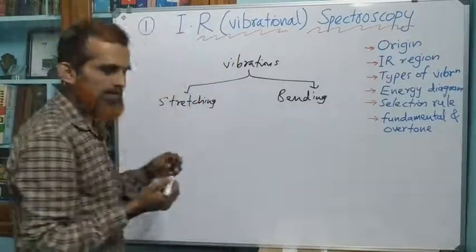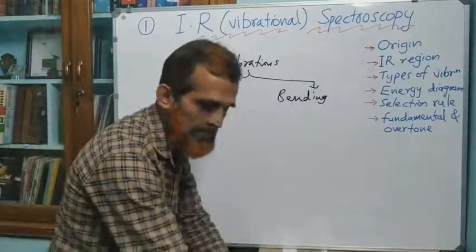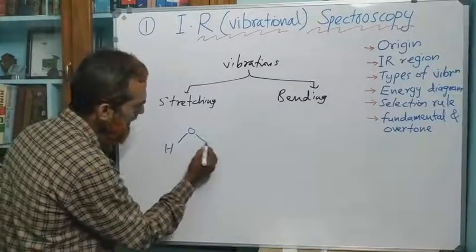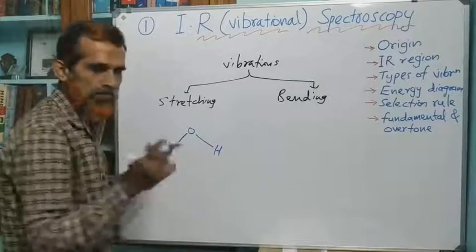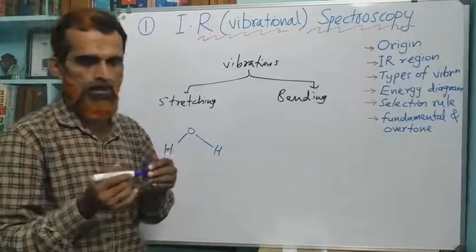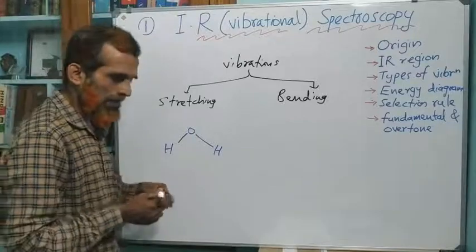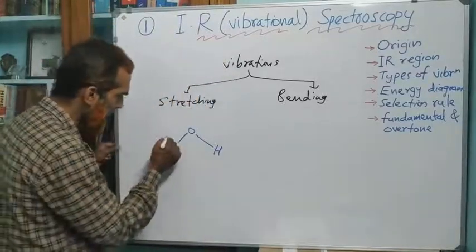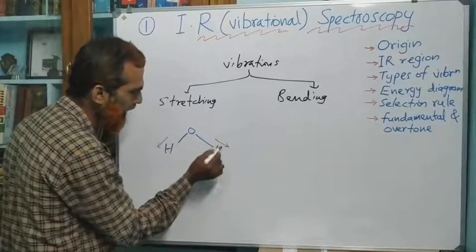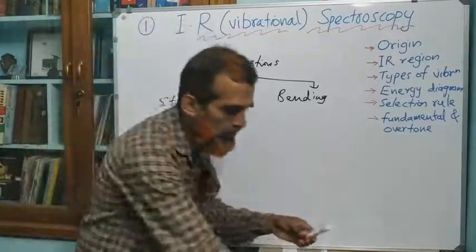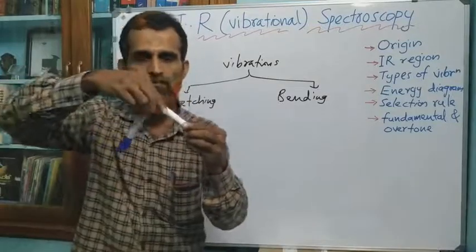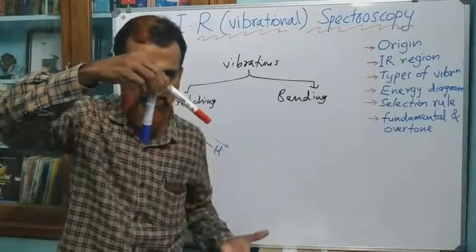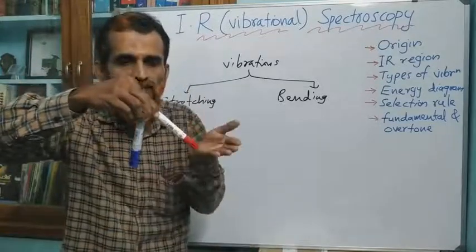What is that? For example, let us take a molecule that is water, H2O. A simple example, H2O is bent in shape and it has a particular bond angle, 104.5 degree, you know that. Now, stretching vibration means here what happens, these two bonds get elongated. As I said earlier, the two bonds in water molecule, this OH bond gets elongated, this also gets elongated, come back to mean position and then contract.